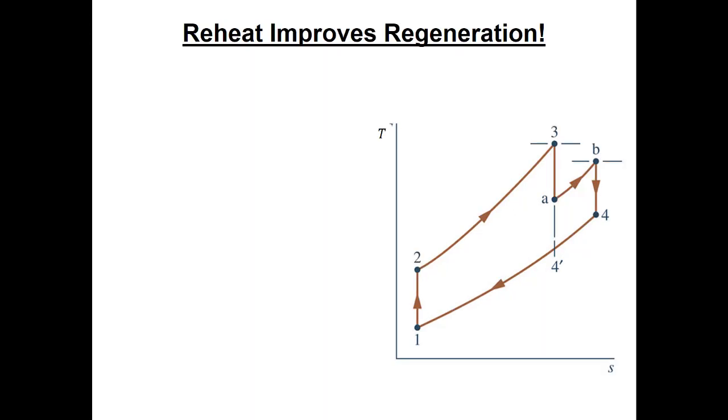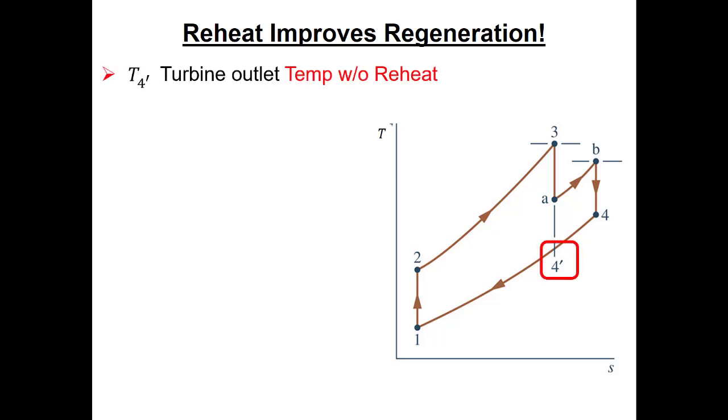So here's the cool thing. When we use reheat and regeneration together, they work together to make the whole process better. If we have a cycle without reheat, we have this exhaust temperature 4 prime. But when we do reheat, we have a higher exhaust temperature.